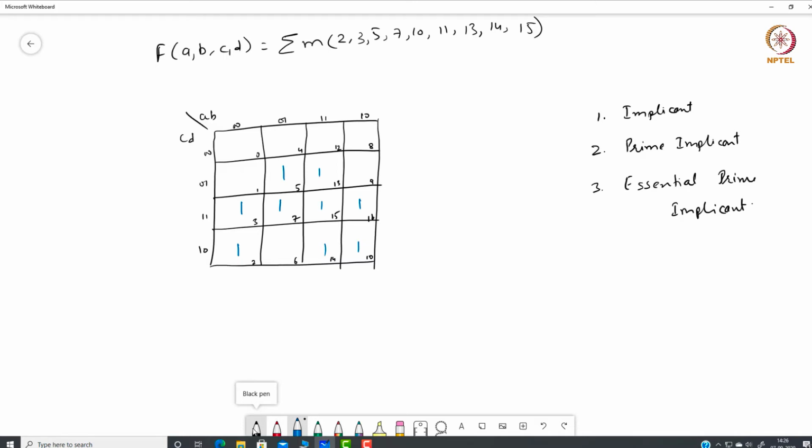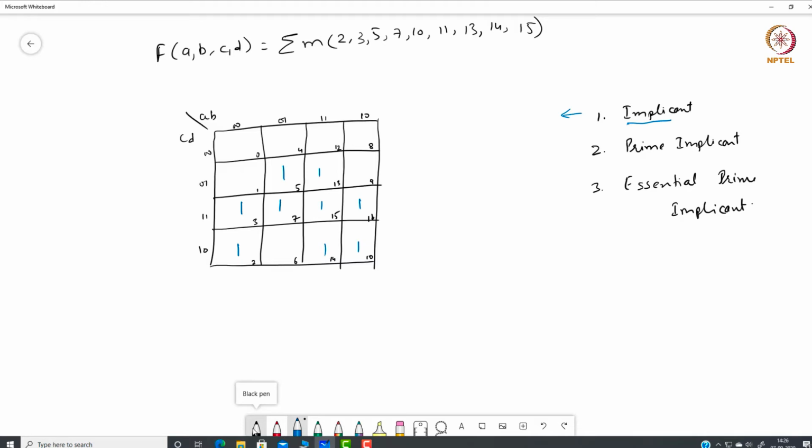Now let us try to define the term implicant. All of these min terms are implicants of this function, which essentially means that when this min term 2 is there, then this function is true.